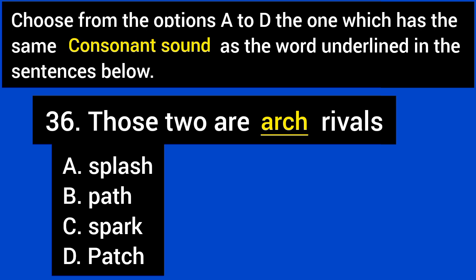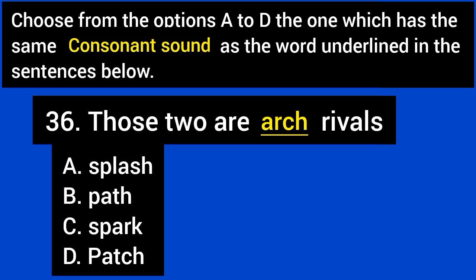So we are looking for the same consonant sound. This is very important. If you make it a vowel sound, the answer will change. So before you can solve a question like this, make sure that you know the difference between consonant sound and vowel sound.